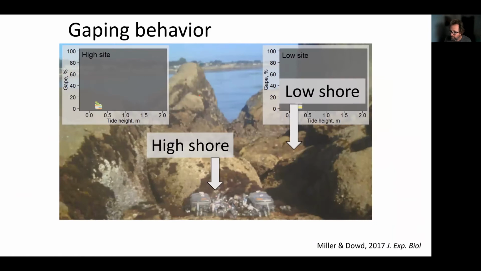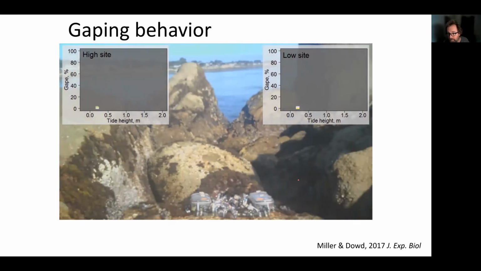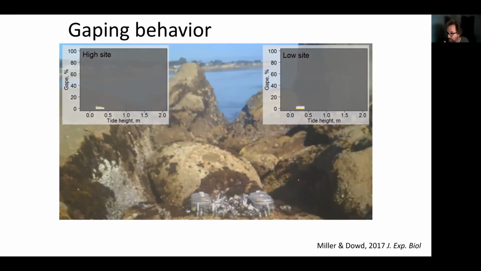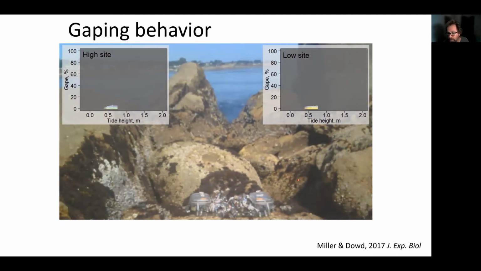And so when you've got multiple replicate animals like that and multiple sites, you can start to collect a lot of data. This is just some example data from this experiment with these false mussel beds. So we've got a high shore group here and a low shore group that you can't quite see. The two graphs in the upper part of the video here are showing the individual valve openings of individual mussels in these groups. Different colors represent different mussels on the same plate.